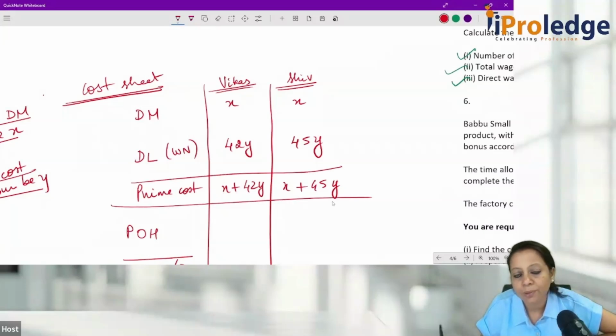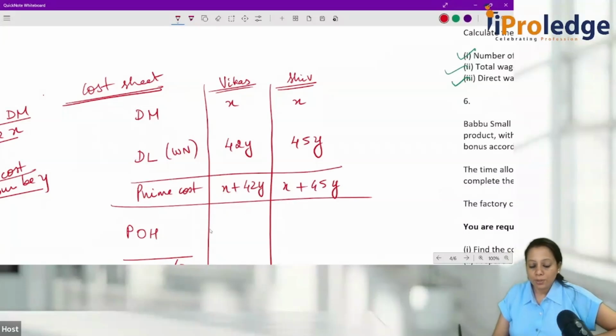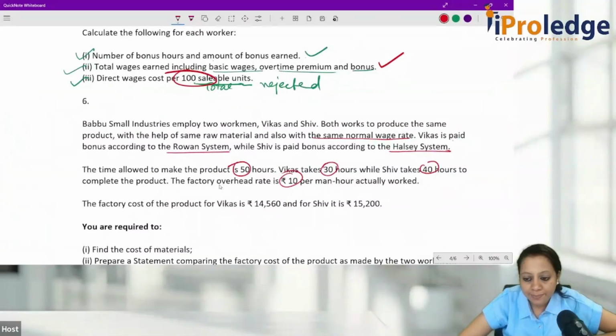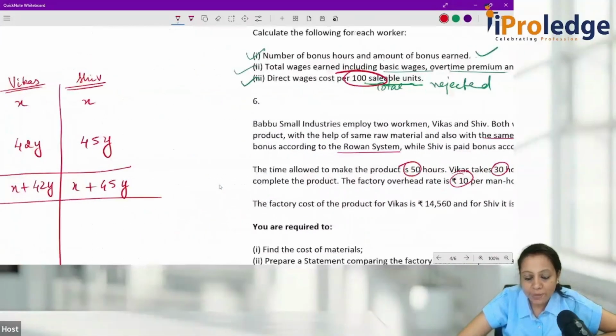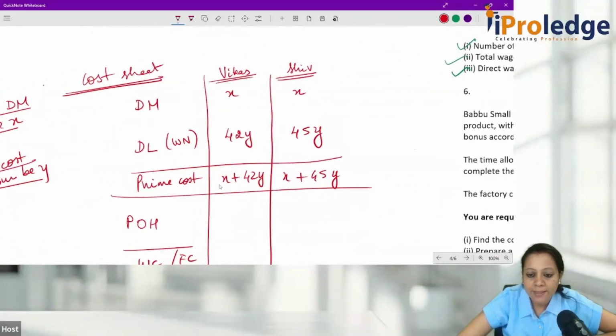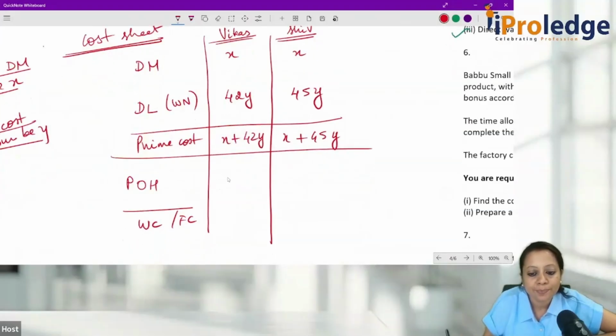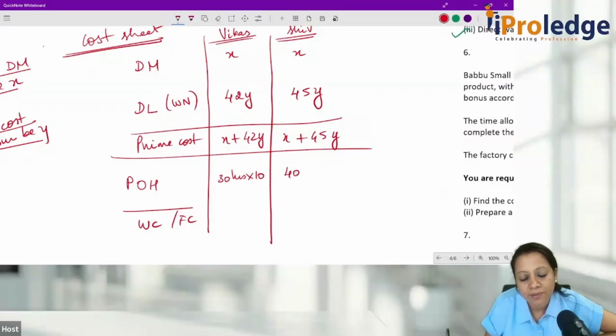Even if you don't write, it is okay. So the production overheads is going to be, they have given rupees 10 per man hour. So it is going to be rupees 10 into 30 hours, 30 hours into 10. And this is 40 hours into 10.